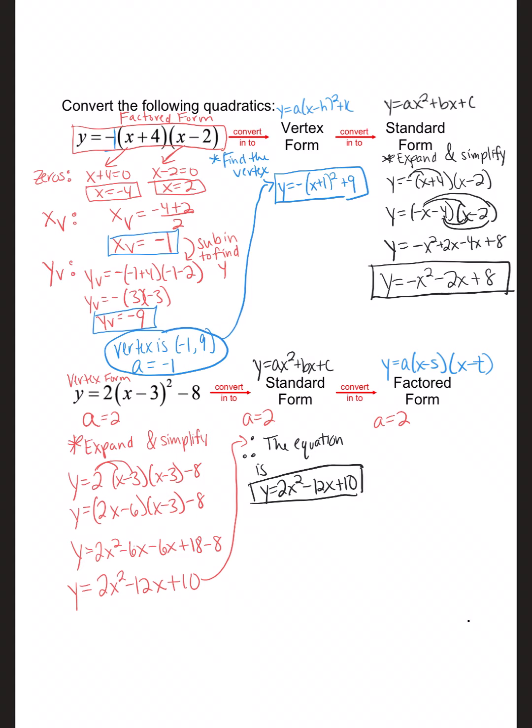Okay, if we want to get it into factored form, we're going to need to factor it. We'll say let's factor. And we always want to remember we're going to common factor if possible first. So we should see we can pull out a 2. So if I pull out a 2, I'm left with x squared minus 6x plus 5. And I see now I have a simple trinomial.